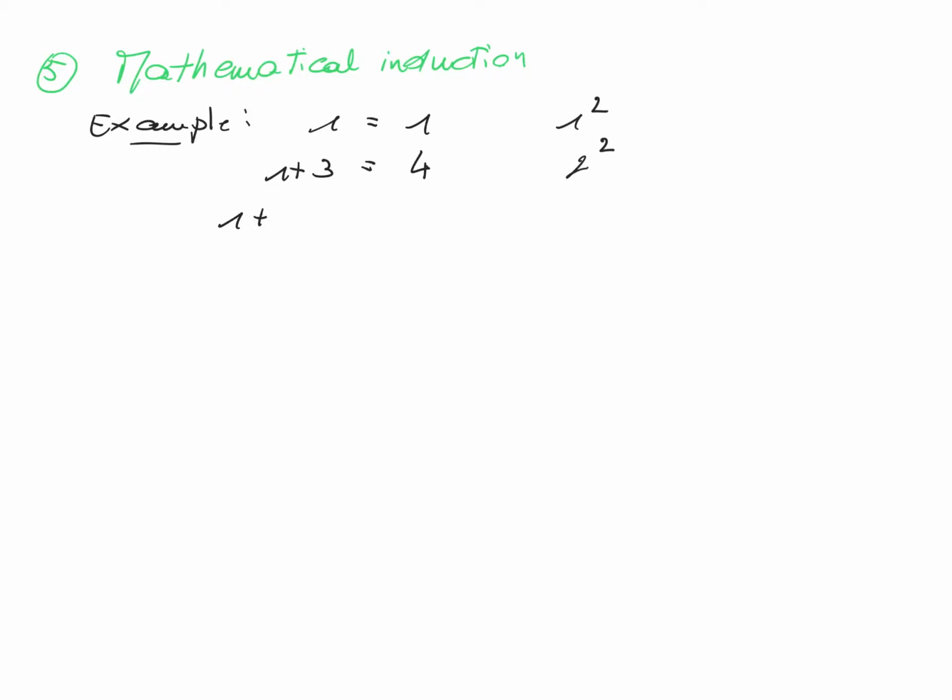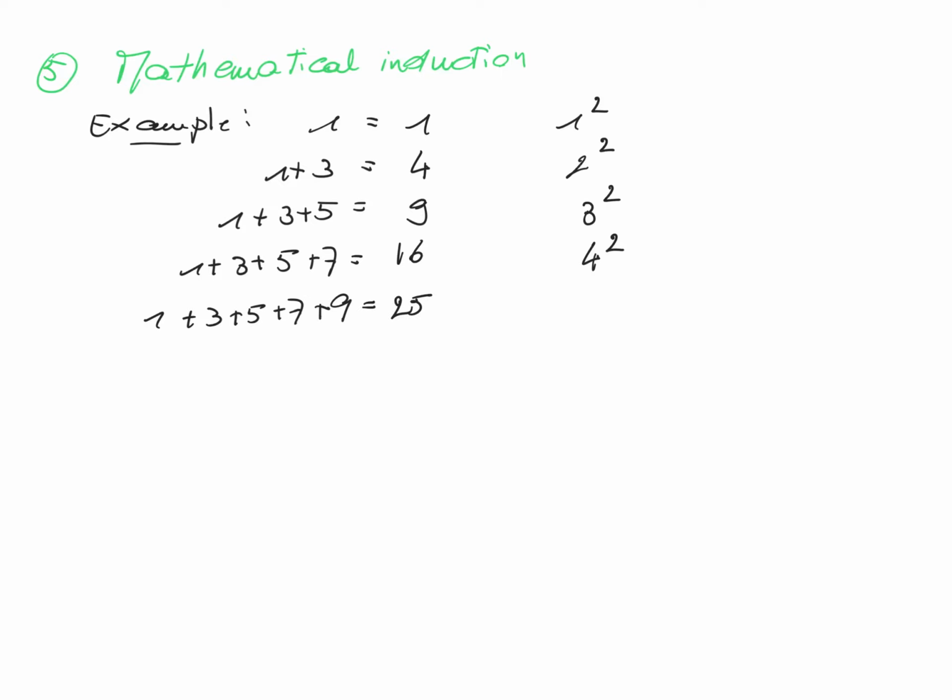The first three, so 1 plus 3 plus 5, is equal to 9, corresponds to 3 to the power 2. 1 plus 3 plus 5 plus 7 is equal to 16, so this is 4 squared. 1 plus 3 plus 5 plus 7 plus 9 is 25, which is equal to 5 squared.